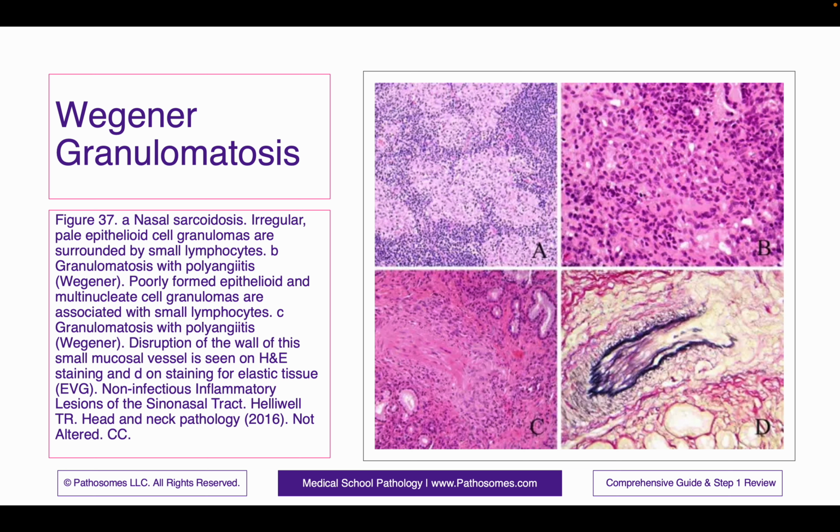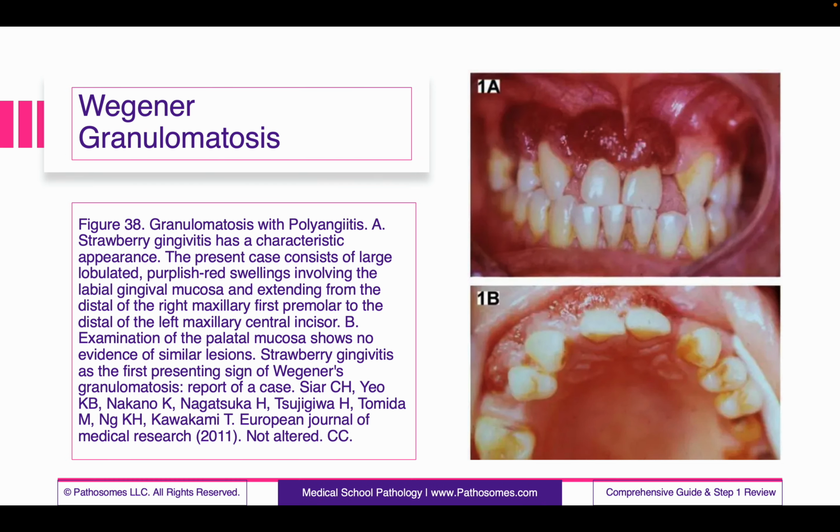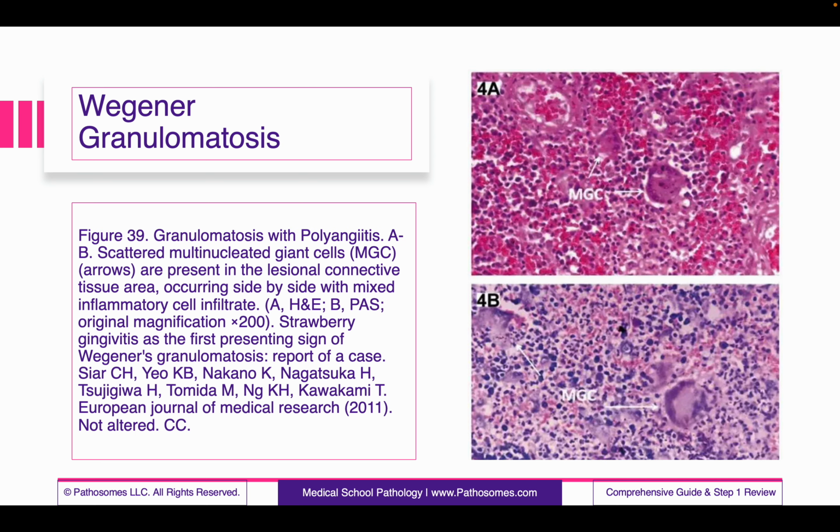And we also have non-infectious inflammatory lesions of the sinonasal tract. This all hints towards pathology supporting a diagnosis of Wegener granulomatosis. In this condition, the gums can even be affected, causing purplish red swelling of the gingival mucosa.